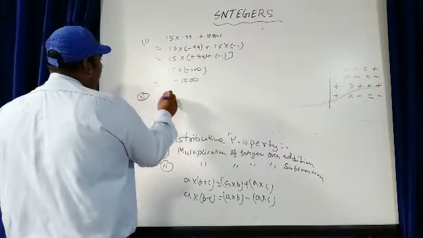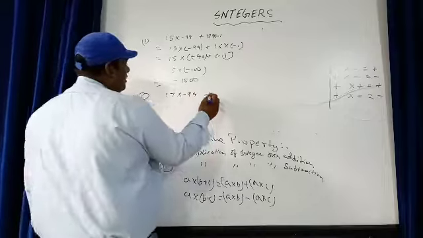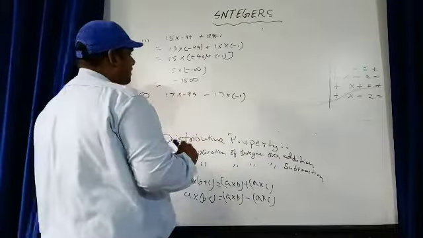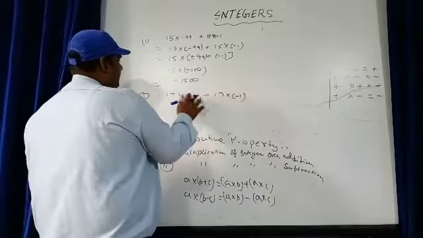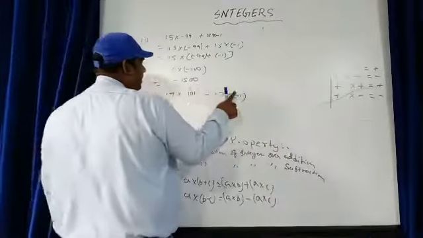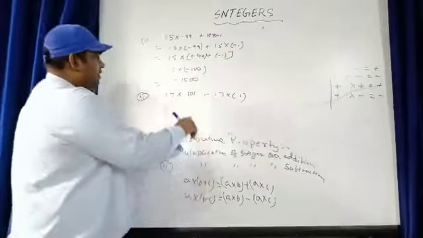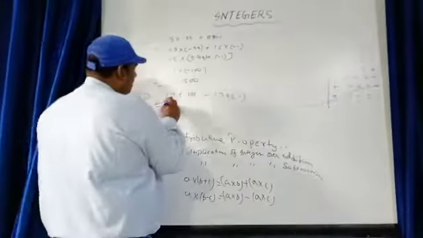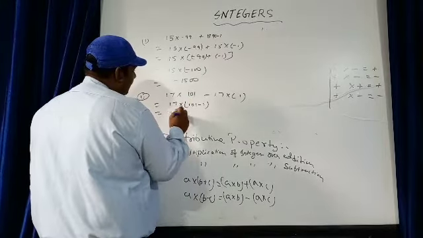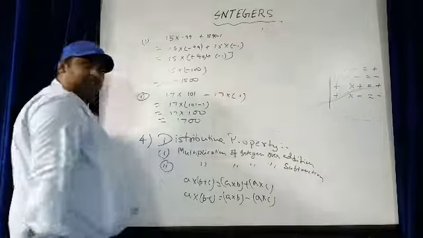Now suppose 17 × 101 − 17 × 1. So 17 × (101 − 1), that is 17 × 100, that will be 1700.